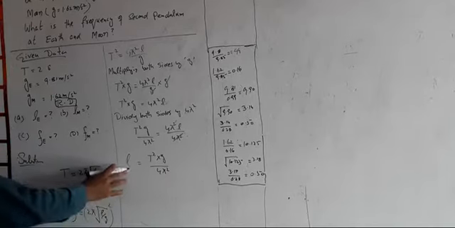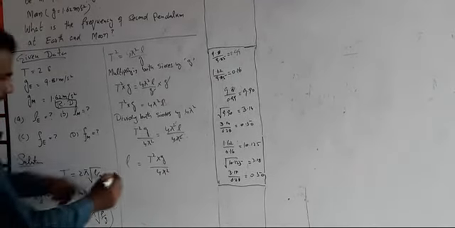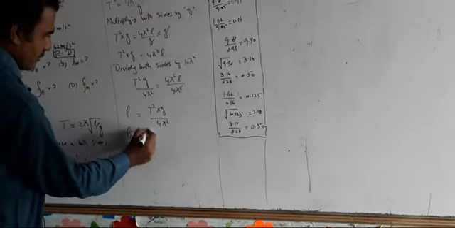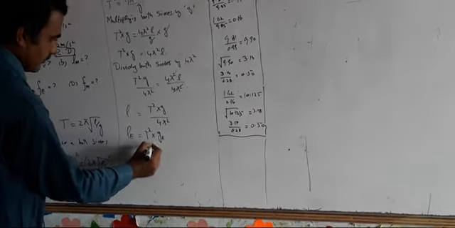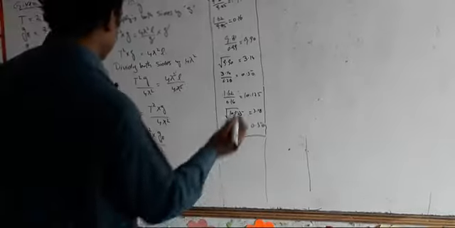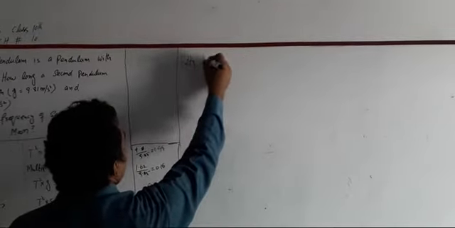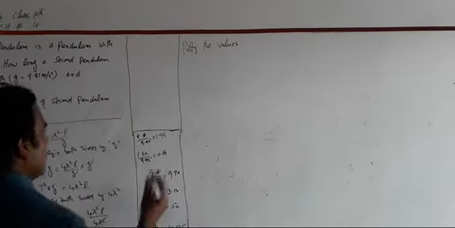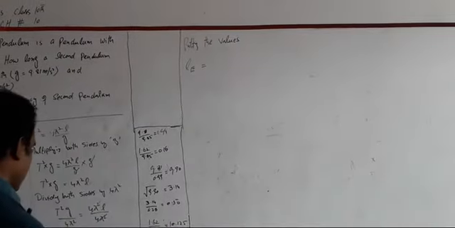To calculate the length of the pendulum on the earth, I will write it as length on earth equal to T square multiply g on earth divided by 4 pi square. Now putting the values, I will write length on earth of second pendulum equals T square.